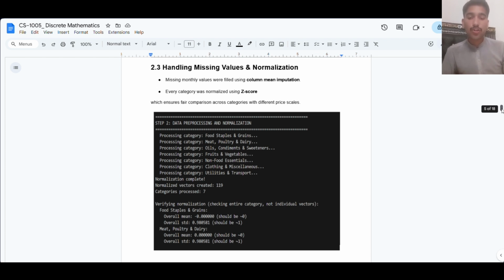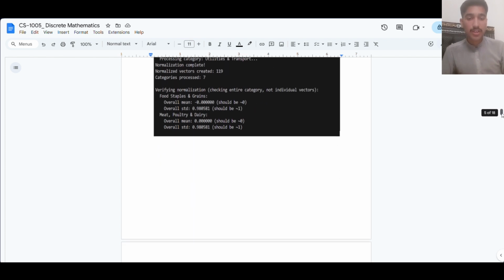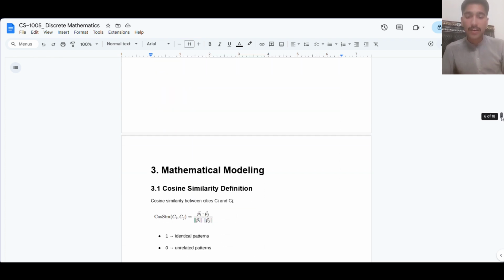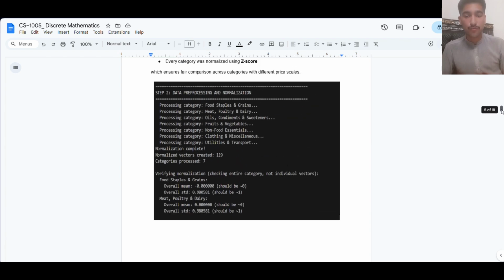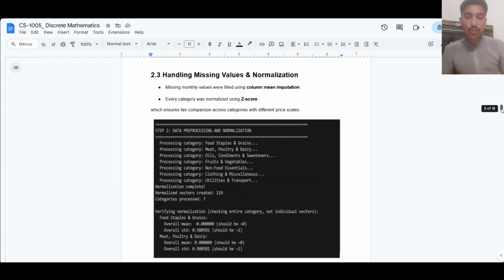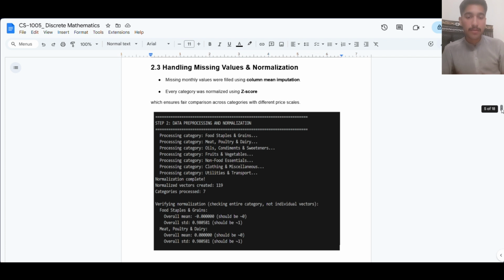So we used a z-score normalization technique, where we make every category have a mean of 0 and a standard deviation of 1. This made everything comparable and removed the effect of different scales. After this step, all the categories like food, transport, housing, and petrol are on the same level rather than one dominating the other.